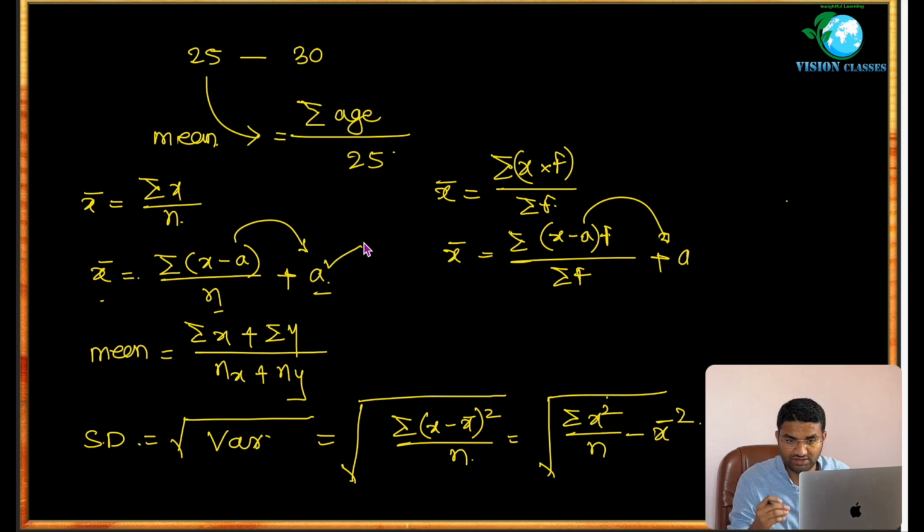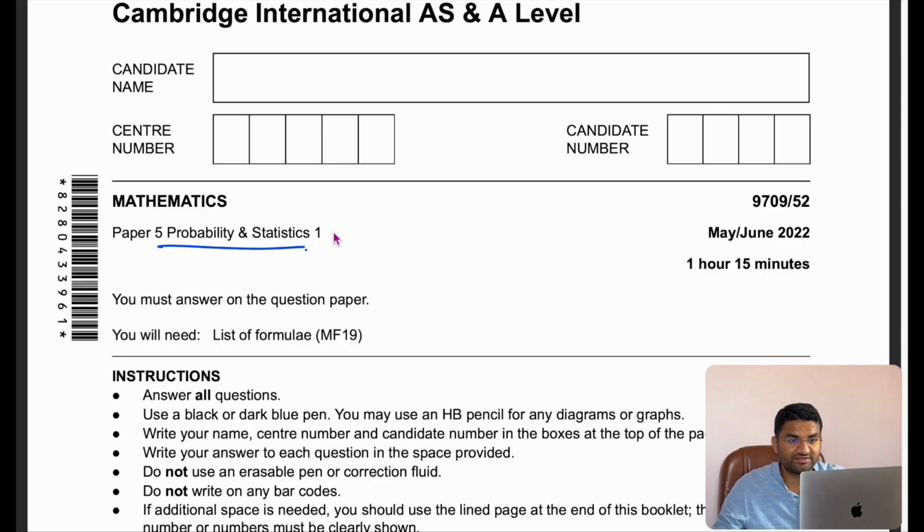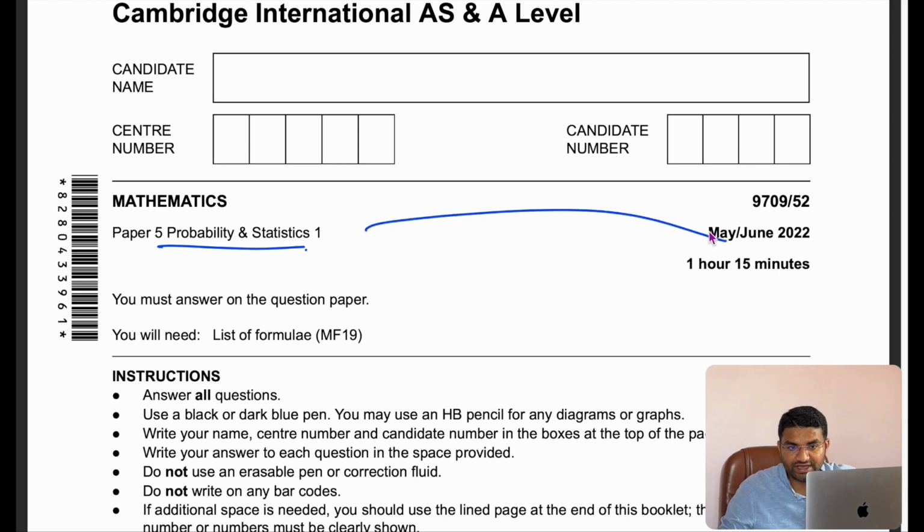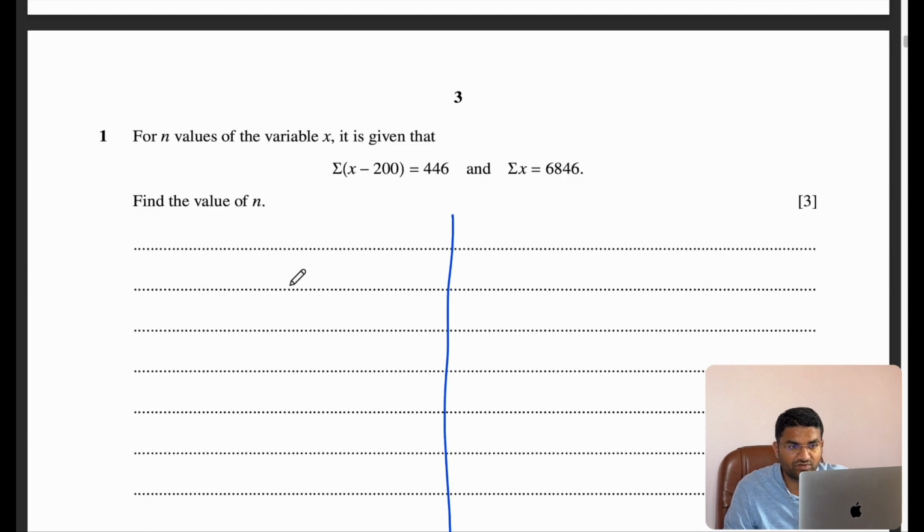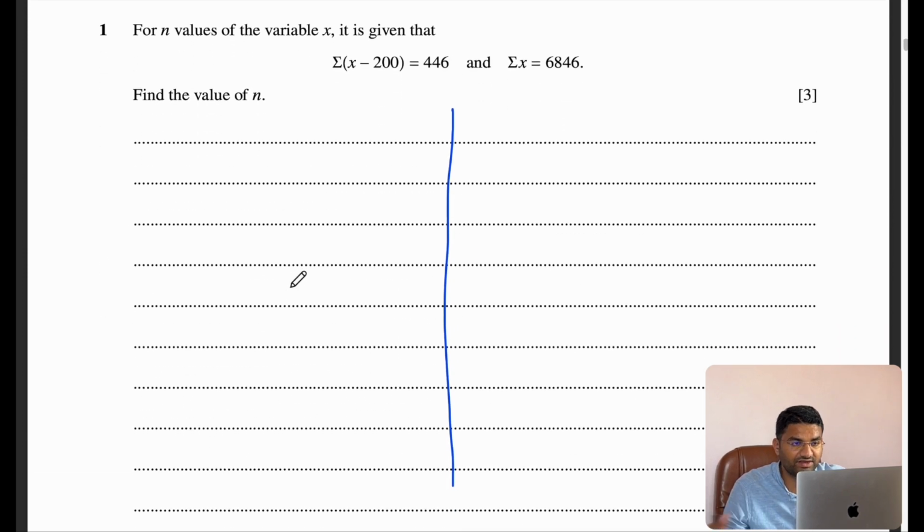We will solve two questions and understand how we can utilize these formulas. The question is from Paper 5, Probability and Statistics 1, May/June 2022, question number 1. It says: for n values of a variable x, it is given that the summation of (x minus 200) is equal to 446 and the summation of x is equal to 6846.